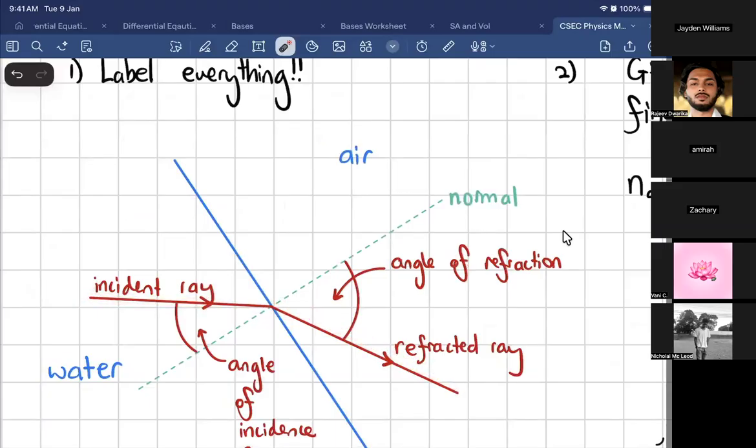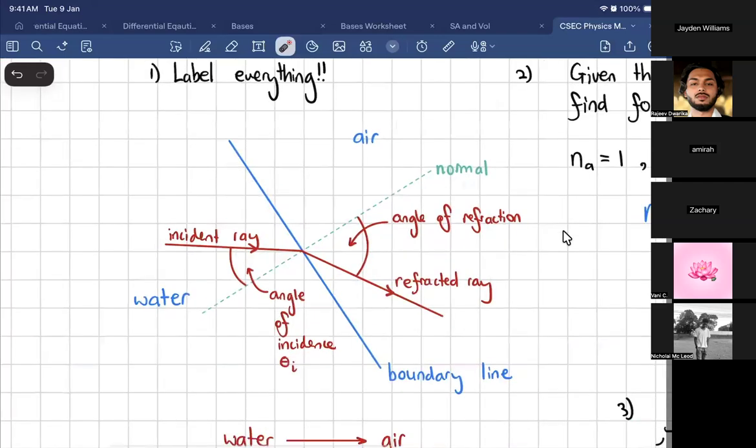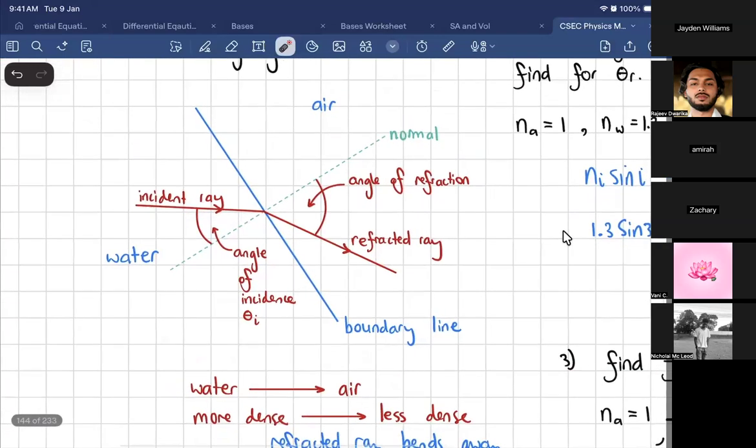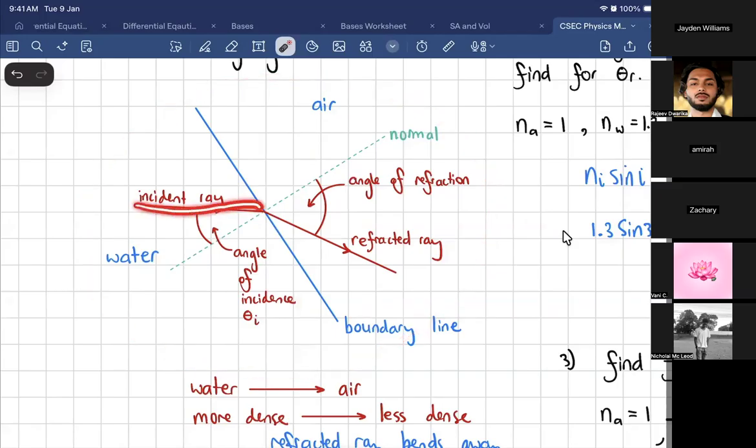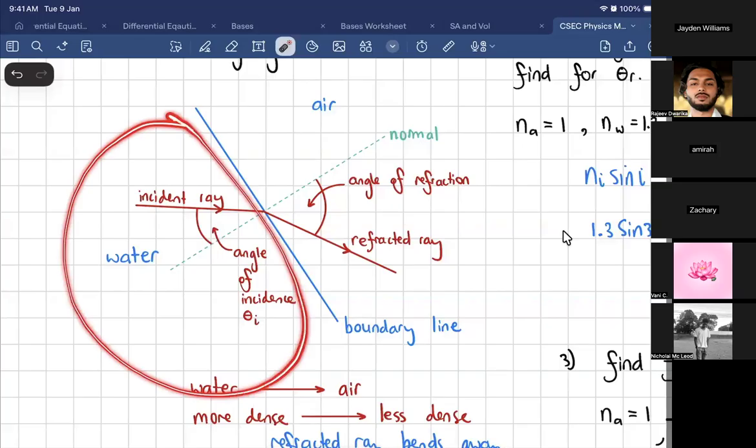But you labeled it correctly, I think. So the incident ray, and then the refracted ray. Amira, what ray is this? Incident ray. Where is it? In water.